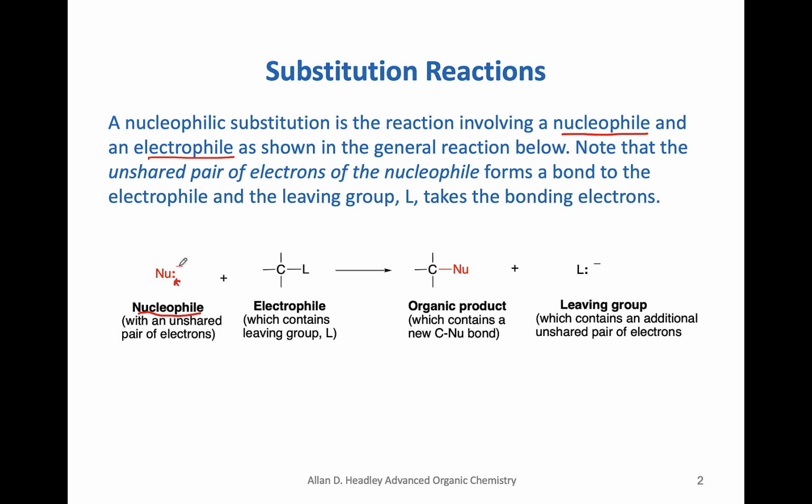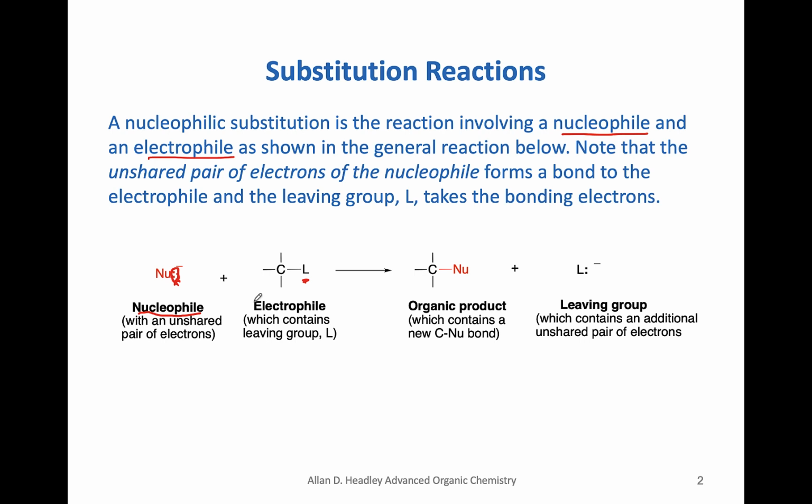It could be charged or it could be neutral. We'll discover in today's lecture that for the SN1 it's typically neutral because it's the solvent, but most important, it must have at least one unshared pair of electrons. The other reactant is the electrophile, and as you can see here, it has L, which is defined as a leaving group.